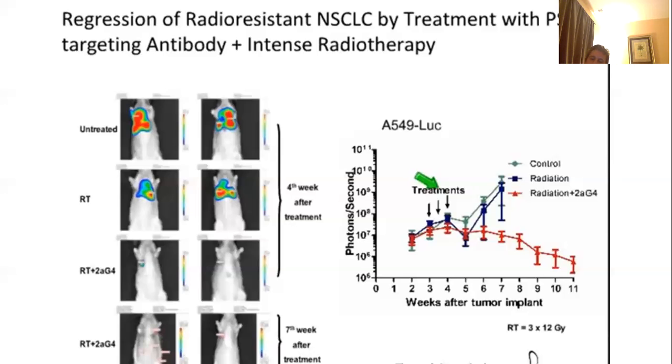If you use radiotherapy in addition to the PS antibody blockade, you can get a better survival rate and better results. You can see here the tumor is eliminated in 11 weeks or 7 weeks using the combination therapy of radiotherapy and the antibody blockade.